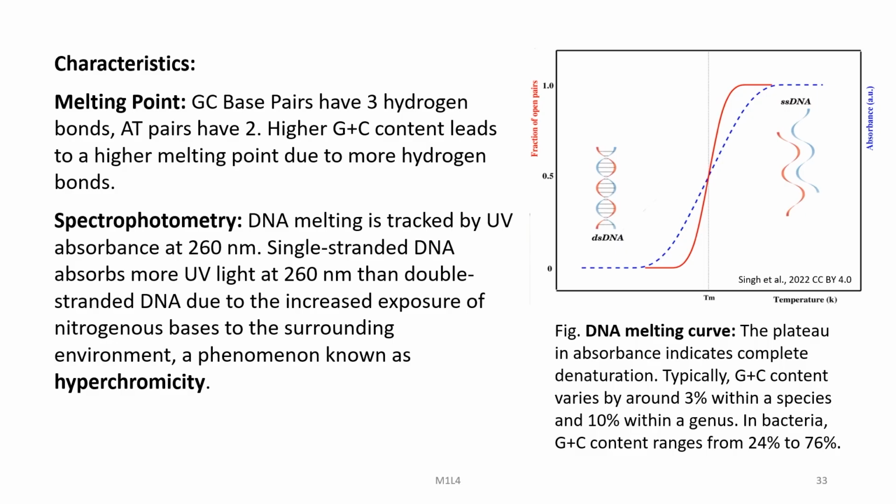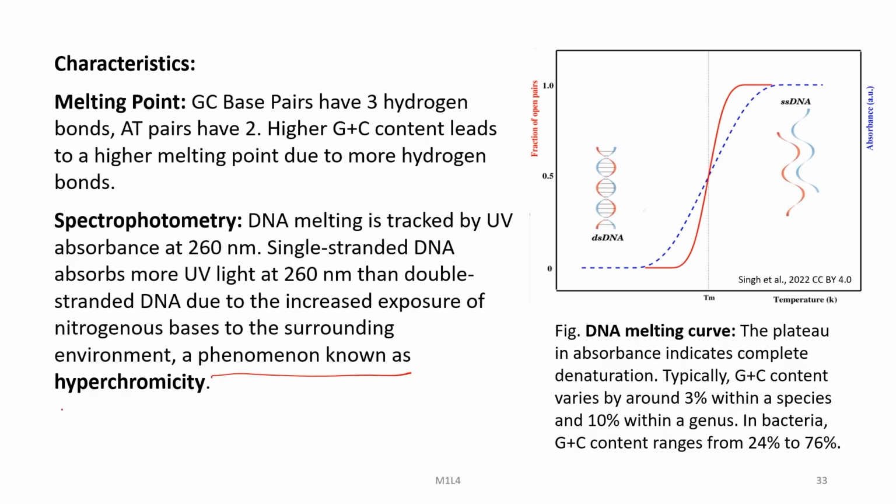So, this is basically a spectrophotometric graph. DNA melting is tracked by UV absorbance at 260 nanometer. Single stranded DNA absorbs more UV light at 260 nanometer than double stranded DNA, due to the increased exposure of nitrogenous bases to the surrounding environment.